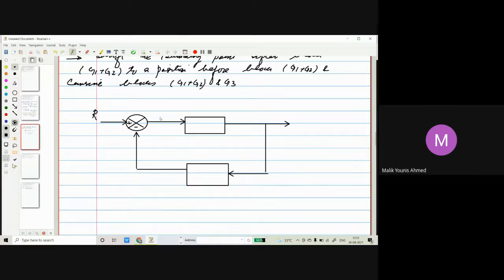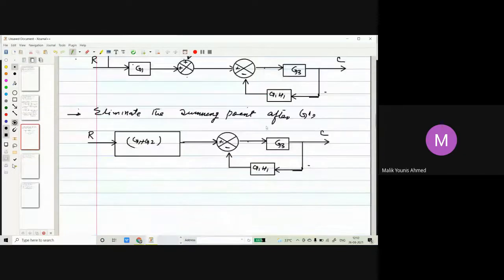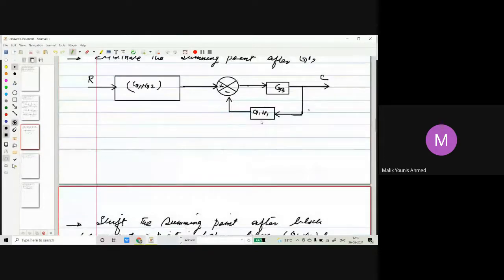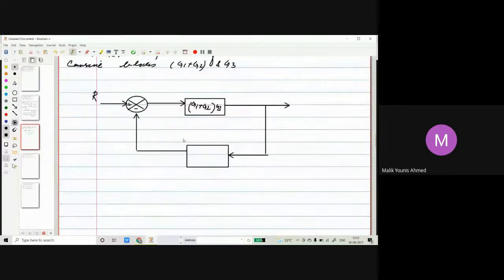This is R. This is G1 plus G2 into G3, and this is clear. This will be multiplied. Now you are moving before, so the gain, the complete feedback gain, is G1 H1. That will be divided by this transfer function gain, that is, G1 H1 divided by G1 plus G2.